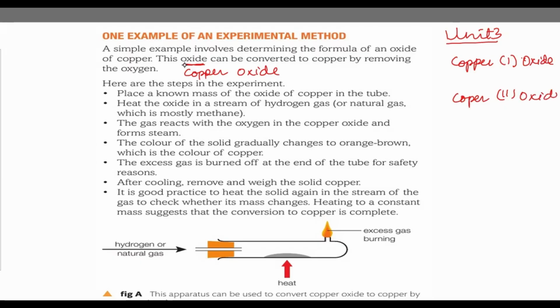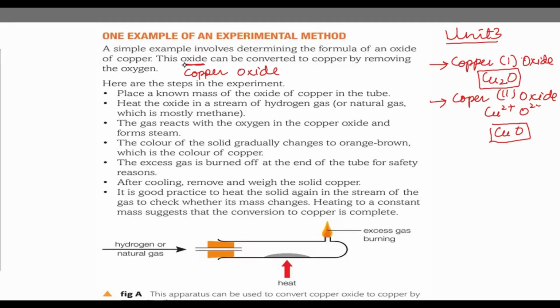If it has an oxidation number of 1, then the formula will be Cu2O, and if it has the oxidation number 2, that means 2 plus and O2 negative, so both get cancelled and we get the formula CuO. So both of them are basically copper oxide. The first one is copper 1 oxide and the second one is copper 2 oxide. Anything you need to ask here?